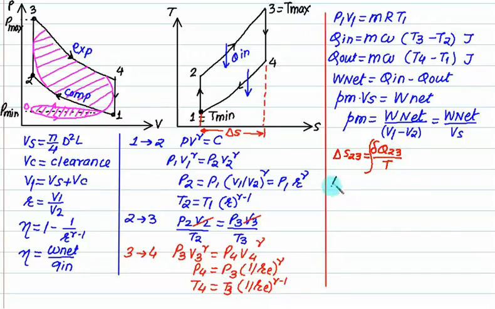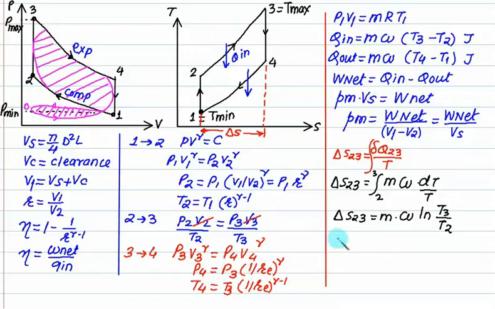So we can write delta S 23 equals M, and it's a case of ideal gas, so this is CV. So delta S 23 equals M into CV into ln of T3 by T2.